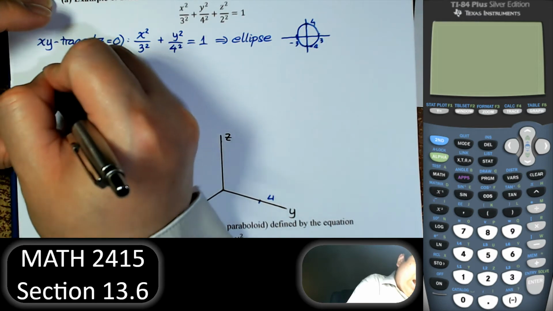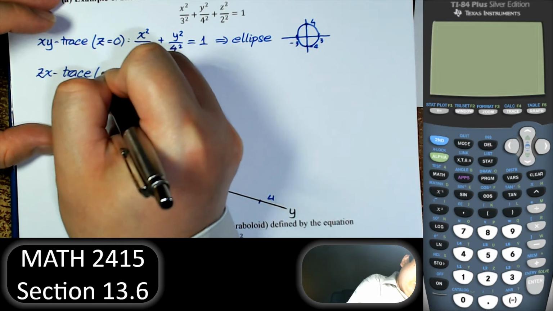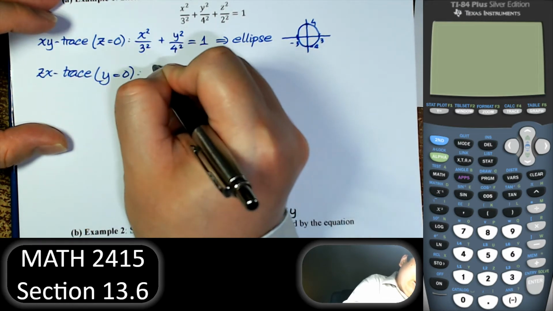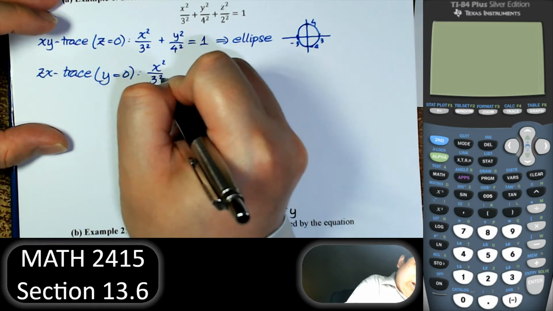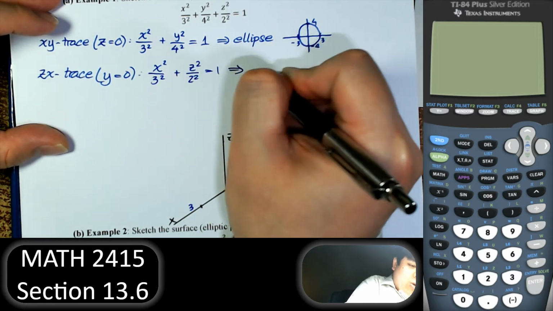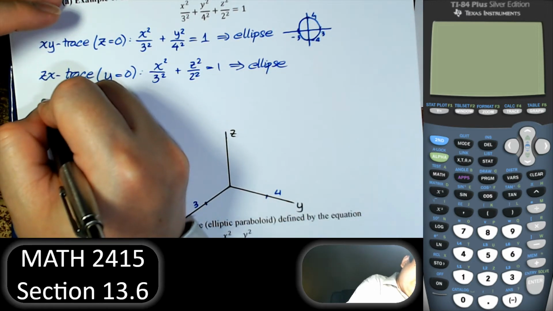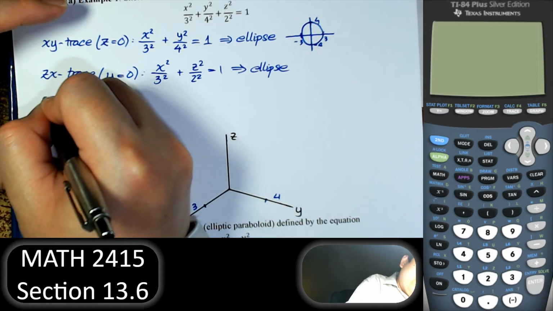For the zx trace, when y equals 0, x squared over 3 squared plus z squared over 2 squared equals 1. This is also an ellipse. And then what are we missing?